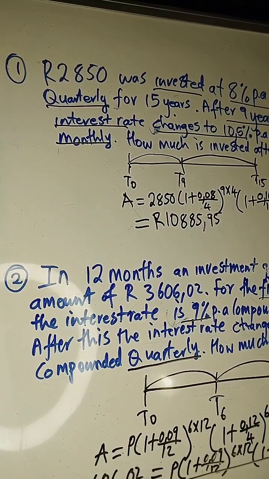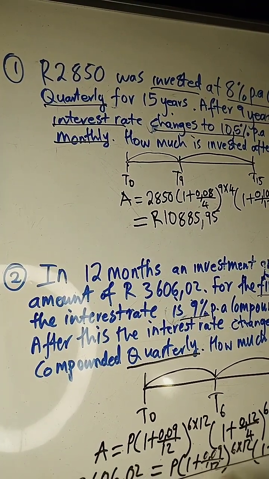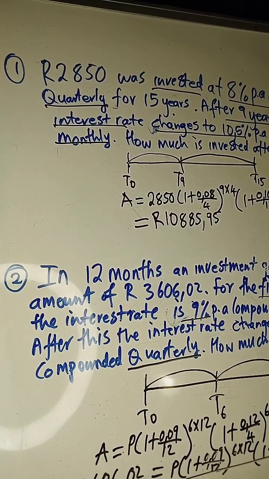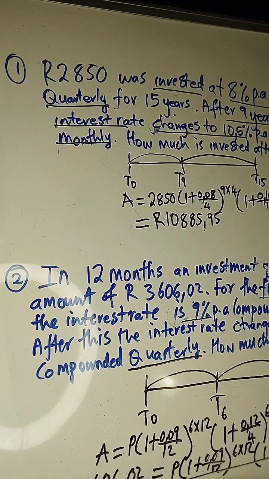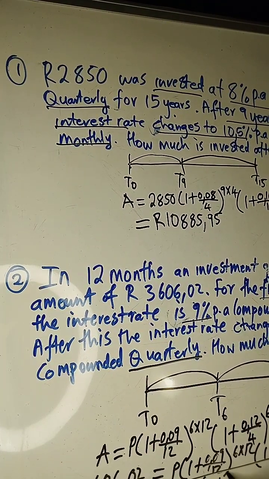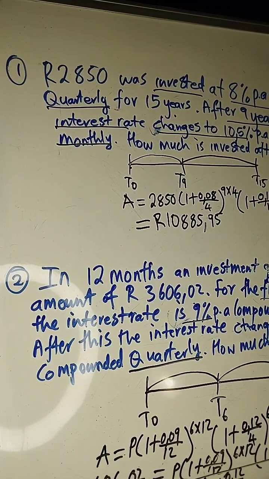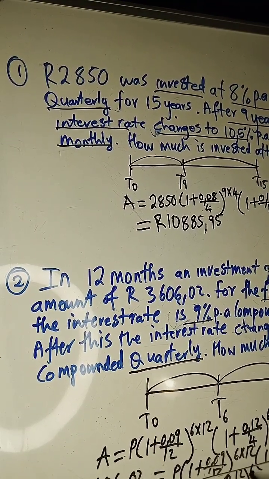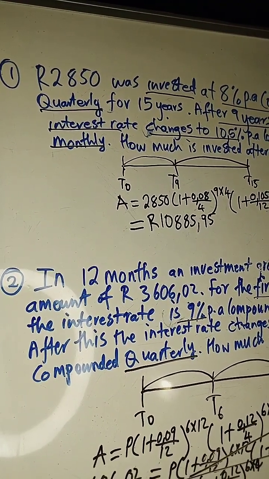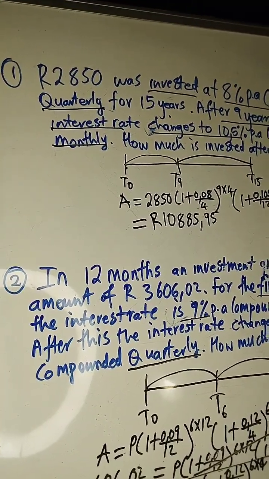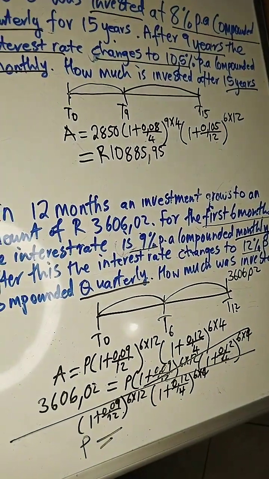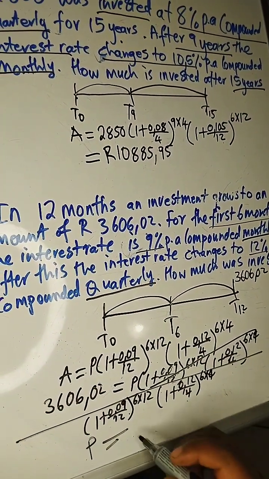Then we divide by the whole of this thing, 1 plus 0.09 over 12 raised to 6 times 12, multiplied by 1 plus 0.12 over 4 raised to 6 times 4. This will be cancelled, and we have P divided by P. When we divide, we will have an answer.